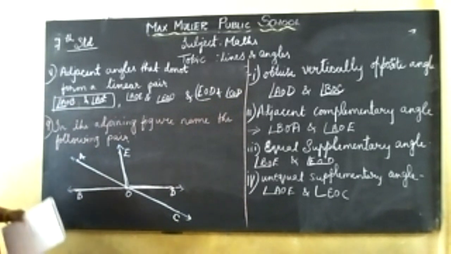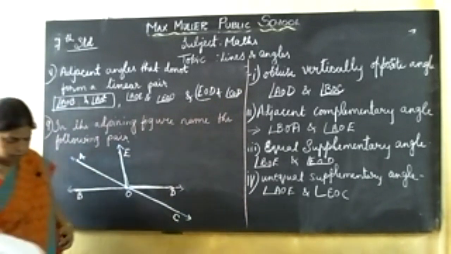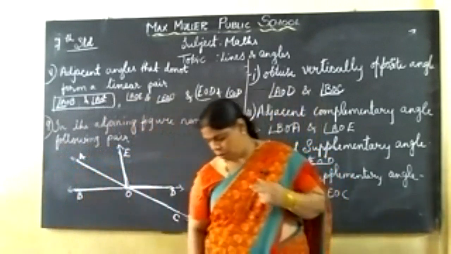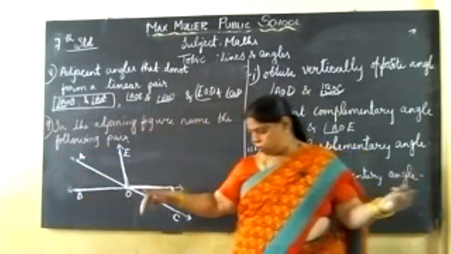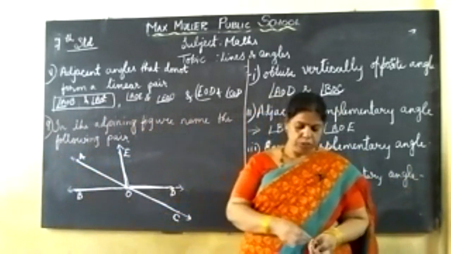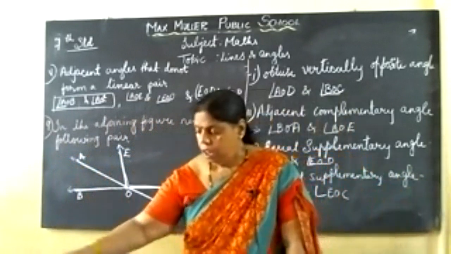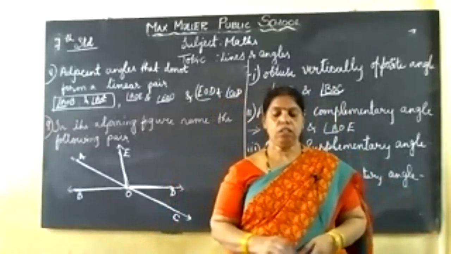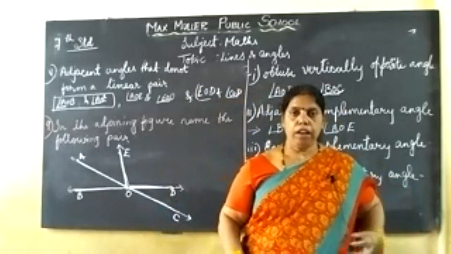Next, we are moving to the transversal line. This is very important, children. I'll explain now. Copy down this. 2 minutes, I'll wait for you. Are you writing the classwork, children? I'll send the PDF also.